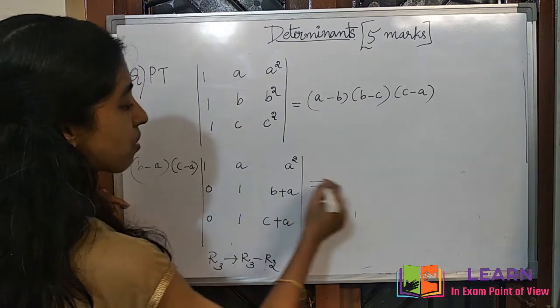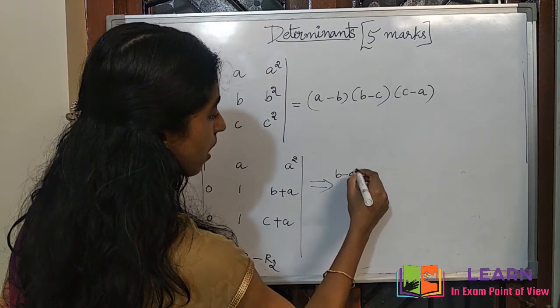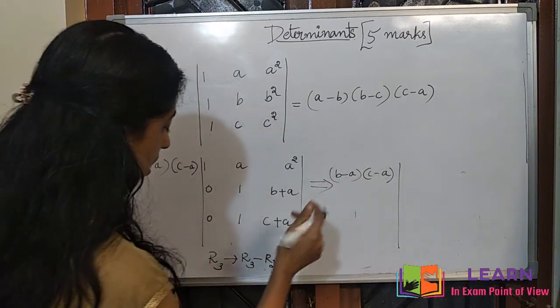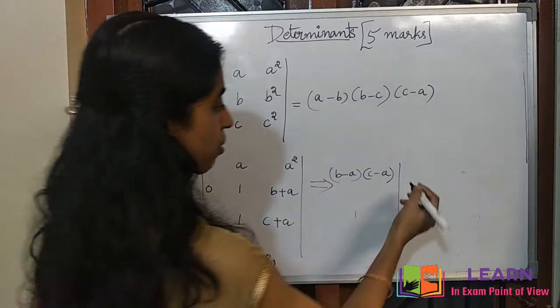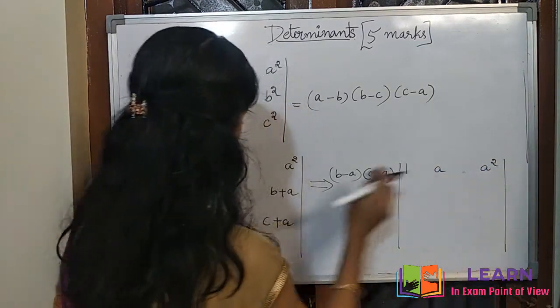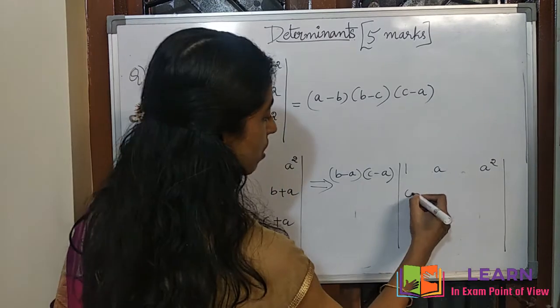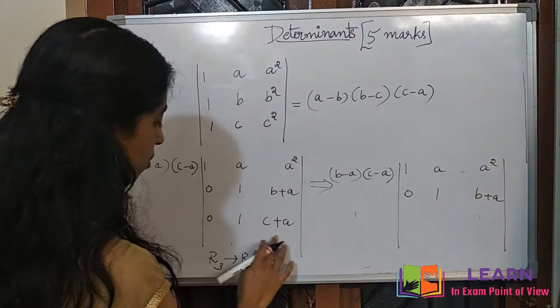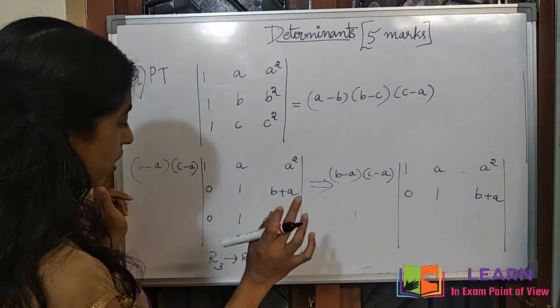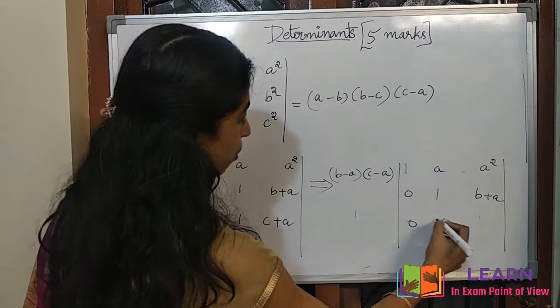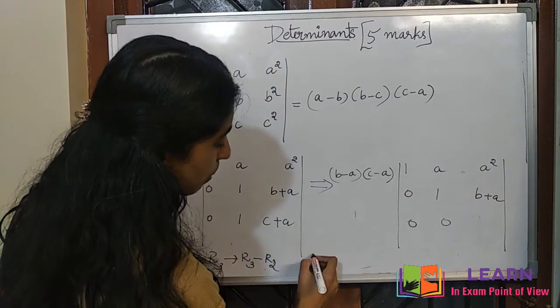This b minus a and c minus a stay outside. Then the first row has no change, 1 a square. Then next we have 0, 1, b plus a. Then the last row we are going to change. 0 minus 0 is 0. 1 minus 1 is 0. c plus a, how will this become?